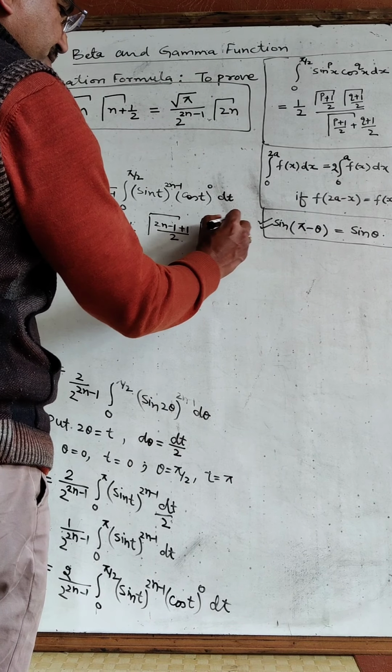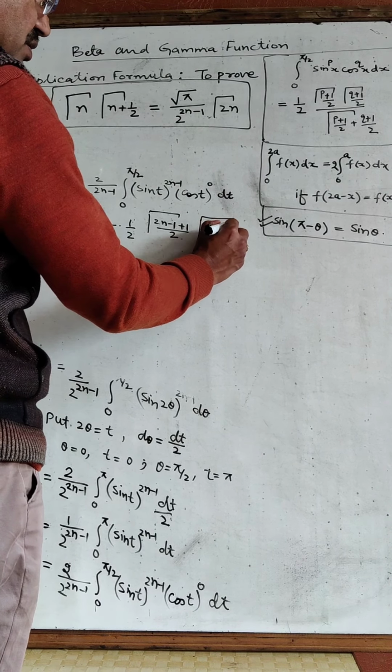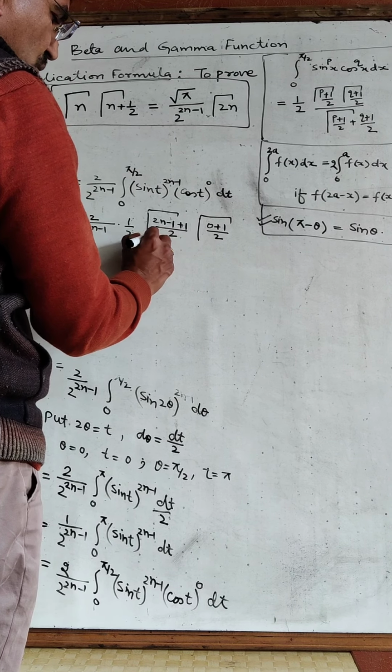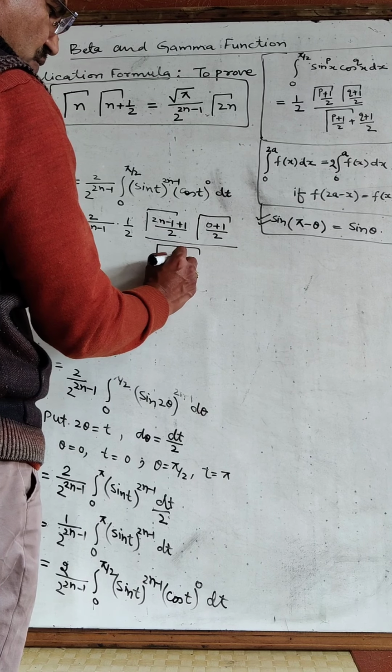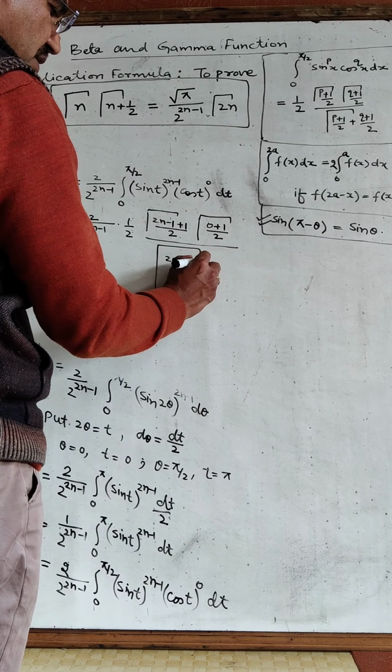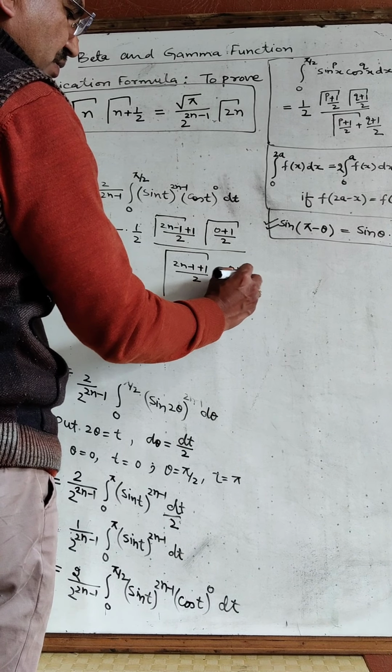Here q is 0, so it is (0 plus 1) by 2, over gamma of (2n minus 1 plus 1) by 2 plus (0 plus 1) by 2.